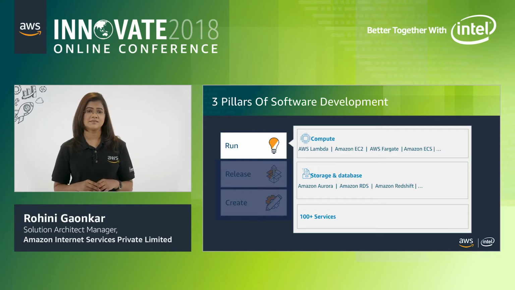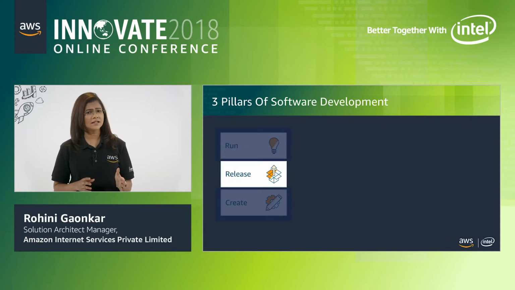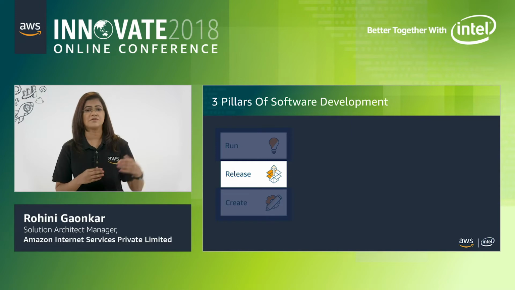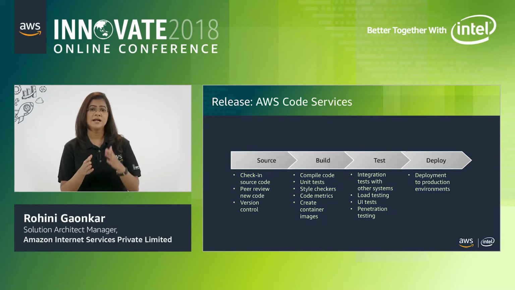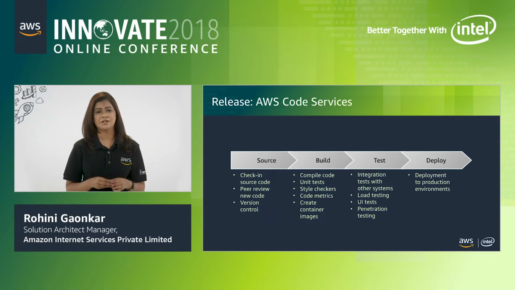The other pillar is your release process, where your code goes through multiple phases of a software release cycle. A typical software release cycle would encompass these phases: source, build, test in staging and pre-production, and finally deploying to production.